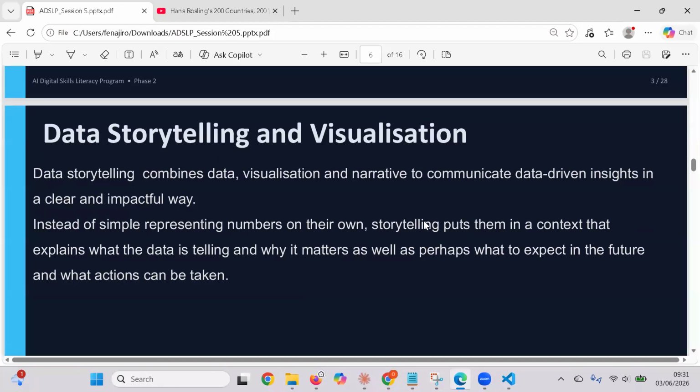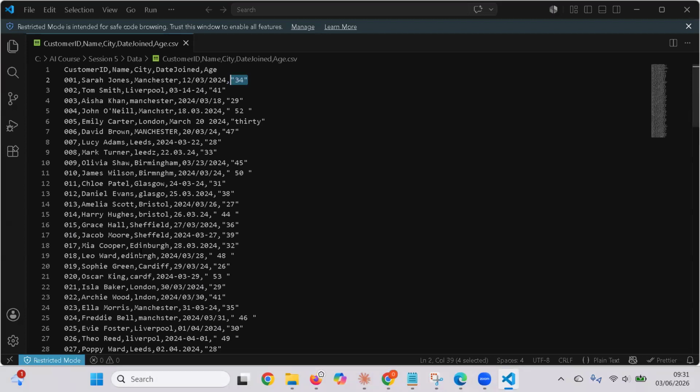So instead of simply representing numbers, as this is now, this doesn't really make sense. If someone gives you this and asks how many sales were made in Manchester in the year 2024, it's really hard to put them together.